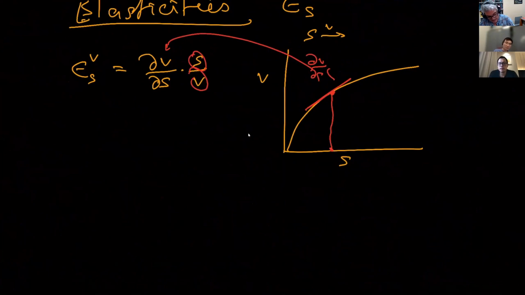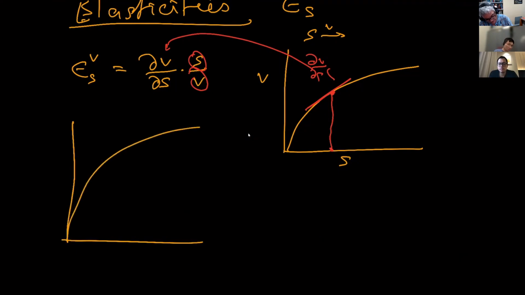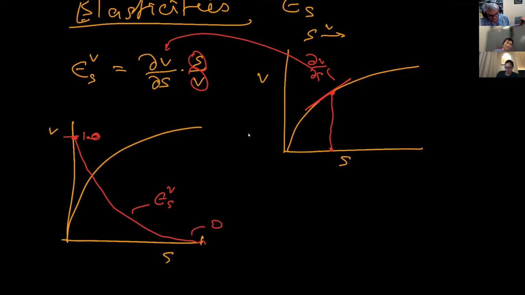Now for an enzyme mechanism like this, if I plotted the elasticity at the same time, it starts out at a value of 1 and then falls down to around 0. This is the scaled elasticity.